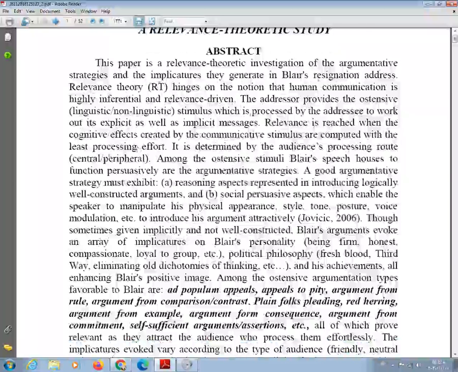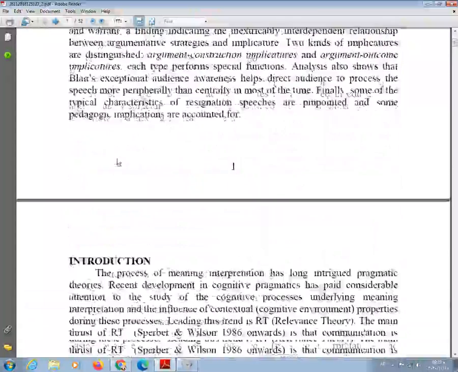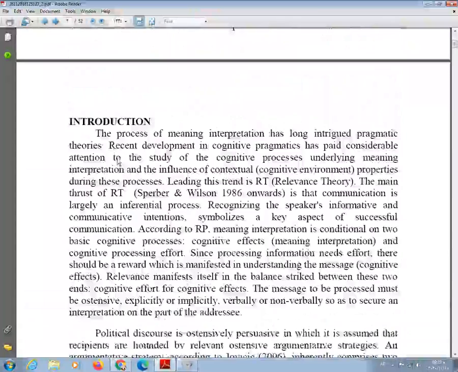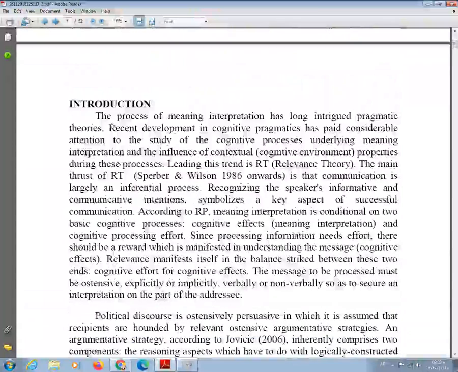And now we go directly to the introduction. Any paper must start with an introduction, okay? And in this introduction, we start writing about the topic, but from a general perspective, just to furnish a background. So let's start.